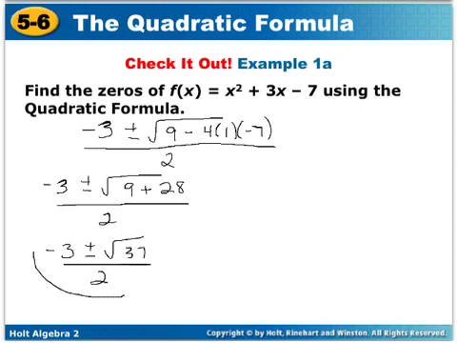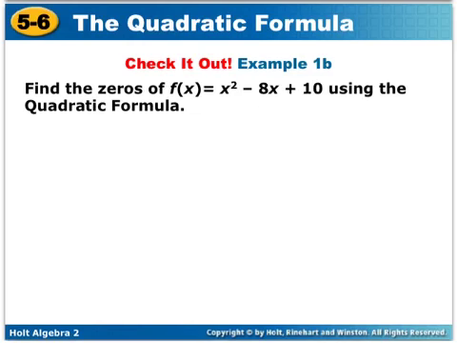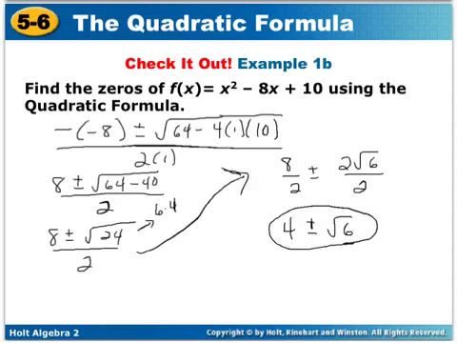So yeah, there is your answer. And I can't divide the 3 by 2. I can't do any simplifying here or there, so I can leave it looking exactly like that. Okay, try this. Push pause, please. There you go. Check it out.